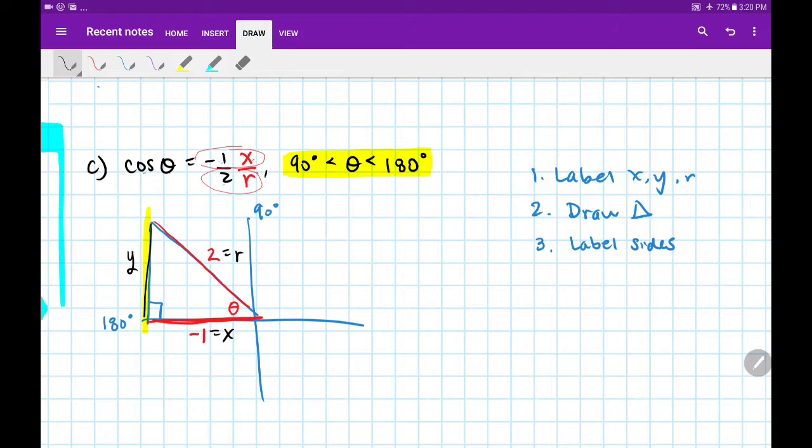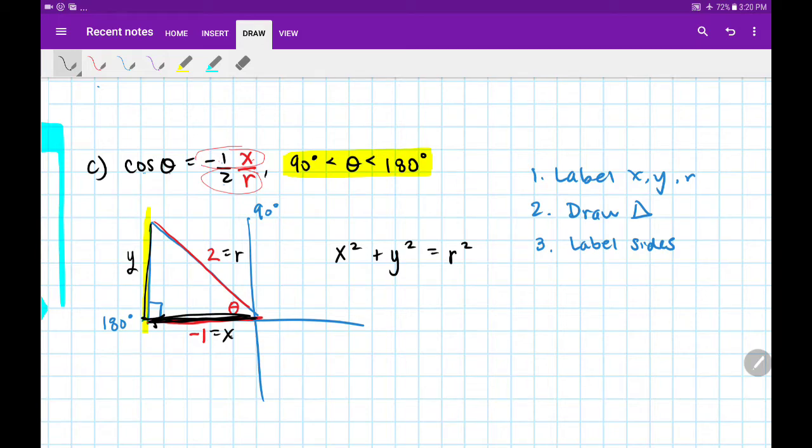So again, if we have 2 sides of a right triangle, we can use our Pythagorean theorem to solve for the third. So let's plug in what we know. X is -1. So the -1 shows me that I'm actually going to the left. But really, when I talk about side lengths, this distance is just 1.